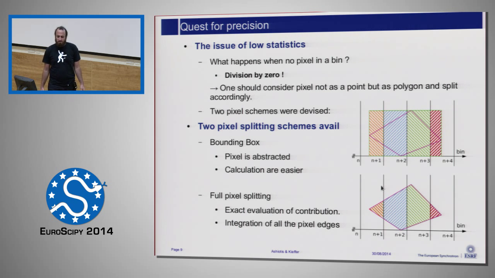This makes the calculation much easier and gives you good performance. But on the other hand, because we are overestimating the size of the pixel, we might have a bit of blurring in the final results. To solve this issue, we introduced the full pixel splitting, where no abstraction takes place, and we take the exact contribution of the pixel segment area. But it's more complicated and results in slower code.